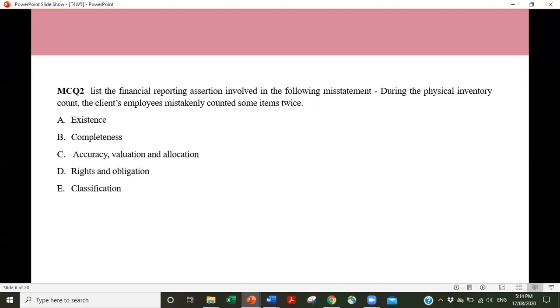Okay, so the next one, basis of inventory valuation not included in the financial report. What did anybody have for this one? So these are the assertions on page 141, primarily number 2.